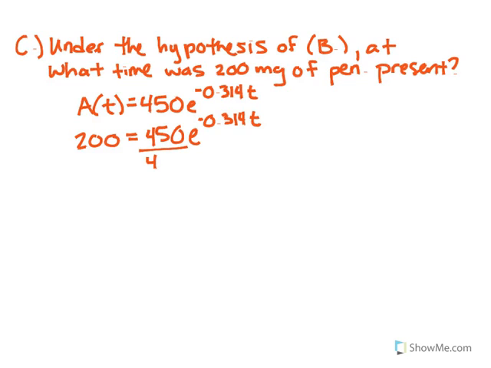So divide by the coefficient of e, which is going to yield 0.444 repeating equals e to the negative 0.314t. And now we take the natural logarithm of both sides.